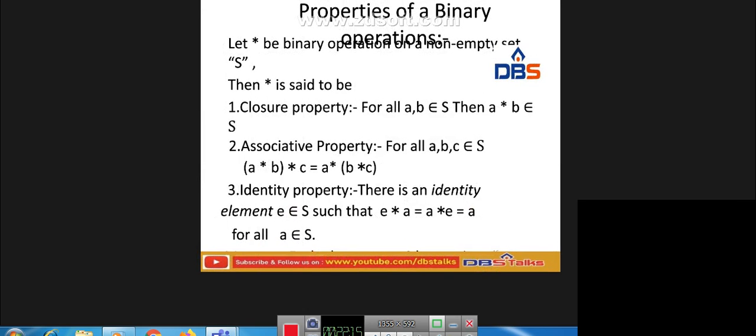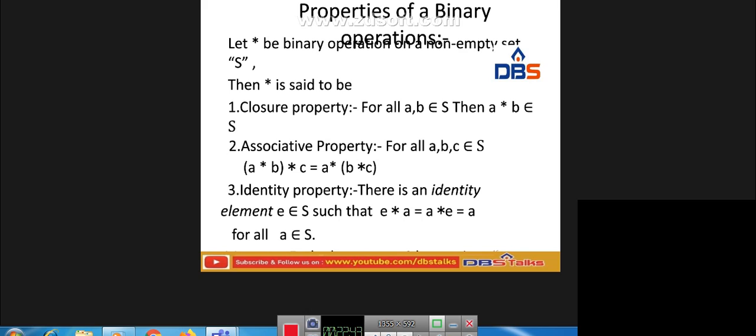Next, properties of binary operation. Let product be a binary operation on a non-empty set S, then product is said to have the closure property, associative property, and identity property. In the closure property, for all a, b belongs to S, then a product b belongs to S. In the associative property, for all a, b, c belongs to S, (a product b) product c equal to a product (b product c).